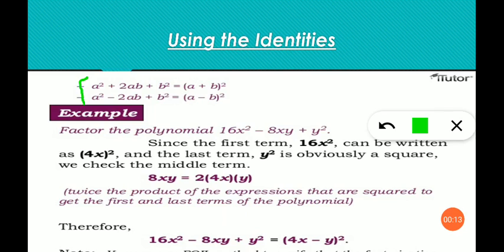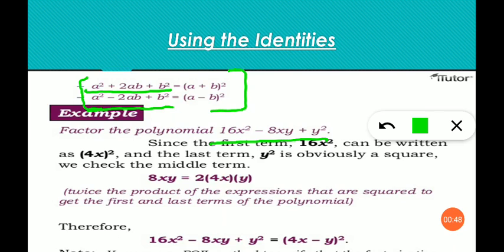So we can use the identities a plus b whole square or a minus b whole square for factorization if the polynomial is of the form a square plus 2ab plus b square or a square minus 2ab plus b square. For example, we are given the polynomial 16x square minus 8xy plus y square.